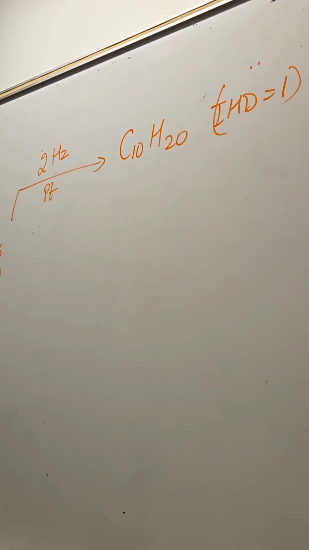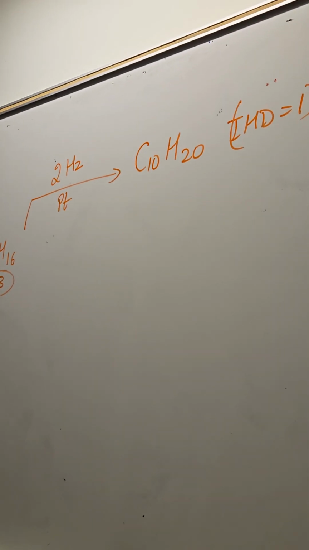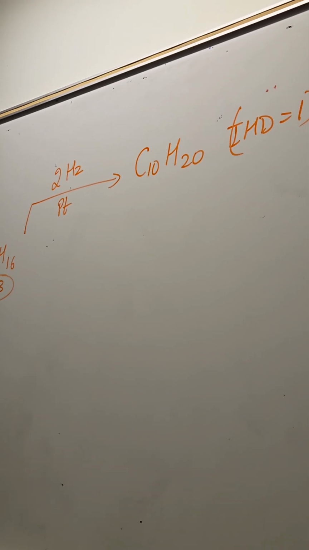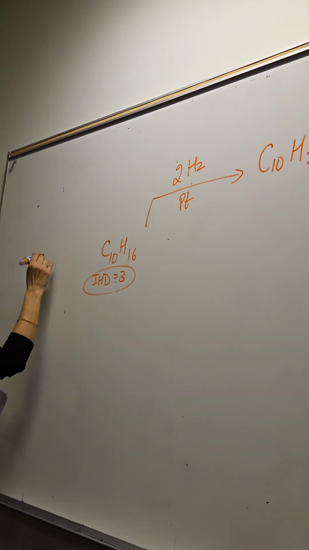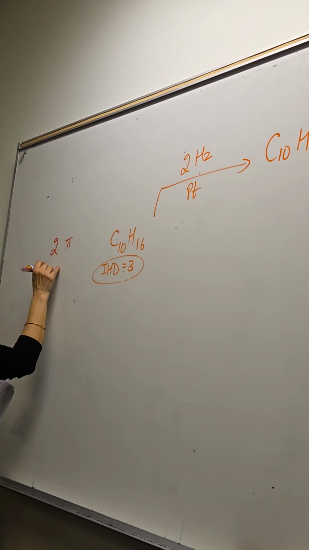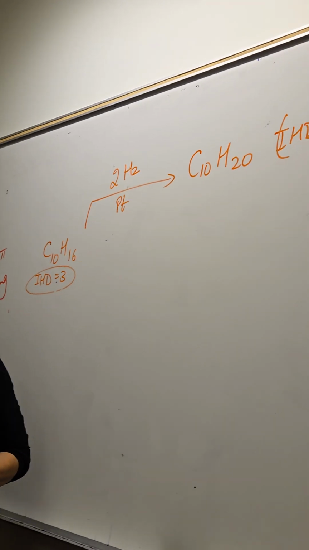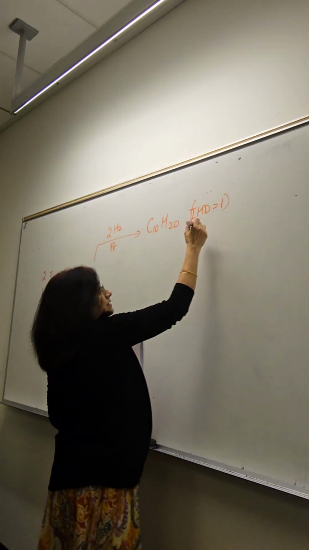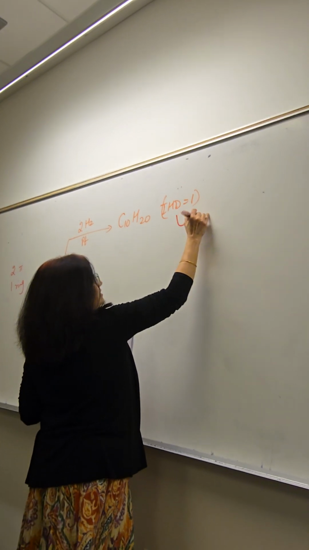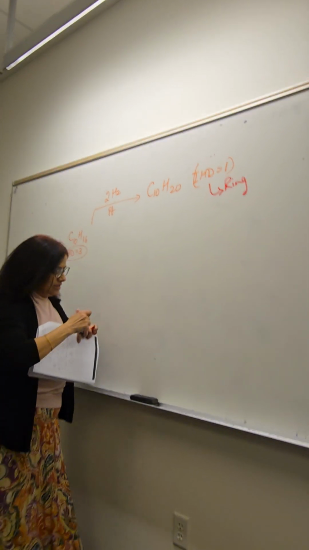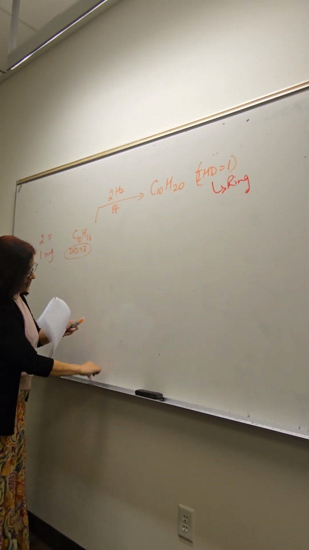Exactly. 2 double bonds, pi bonds, and 1 ring. The ring still is surviving. A ring doesn't get destroyed, right? So this is a ring. Make sense? Yeah.